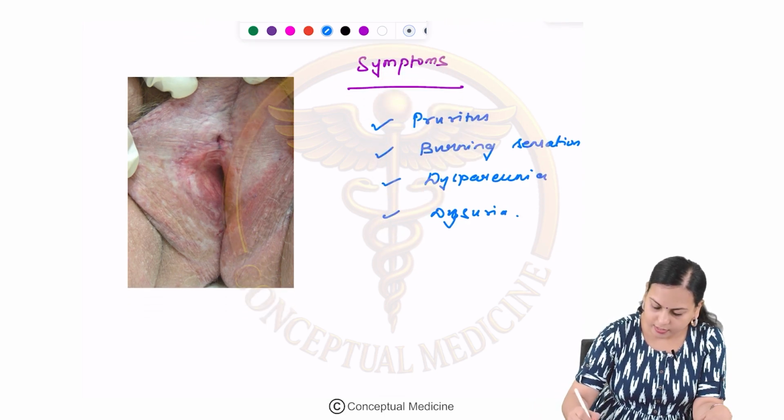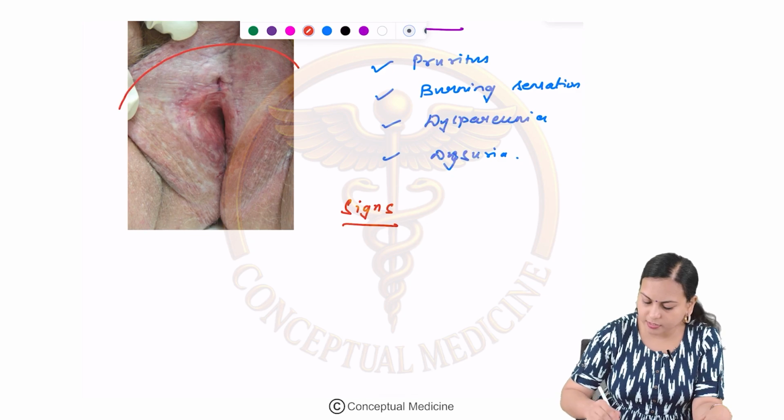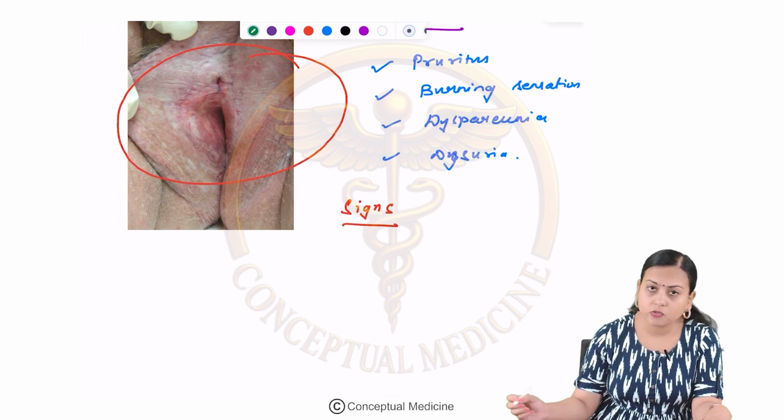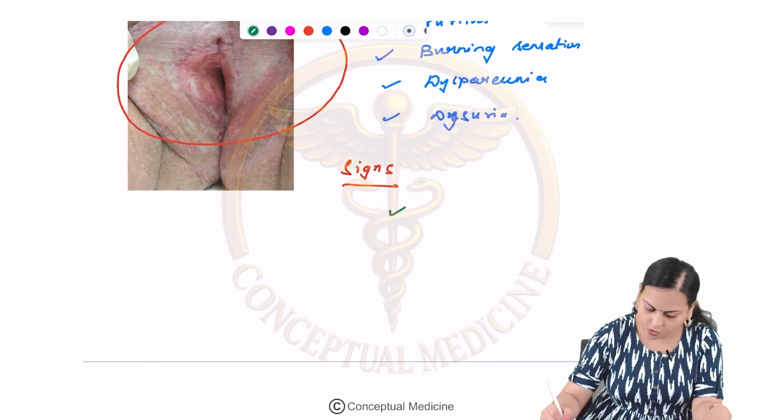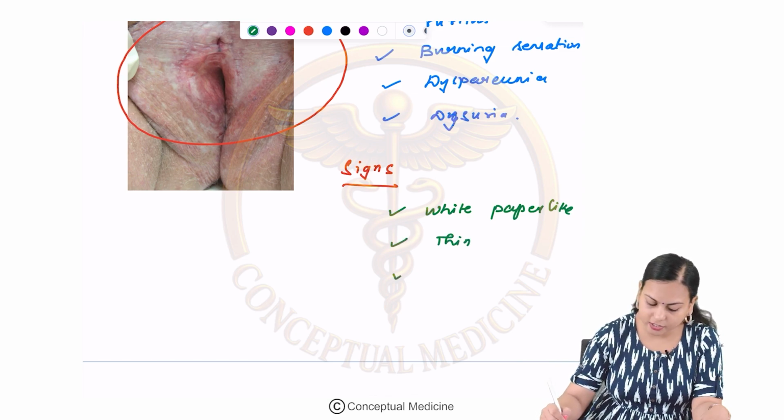And the signs, when you examine the lesion: this is a lesion of lichen sclerosus. It is usually a white, paper-like lesion, and the skin will be very thin in this condition.